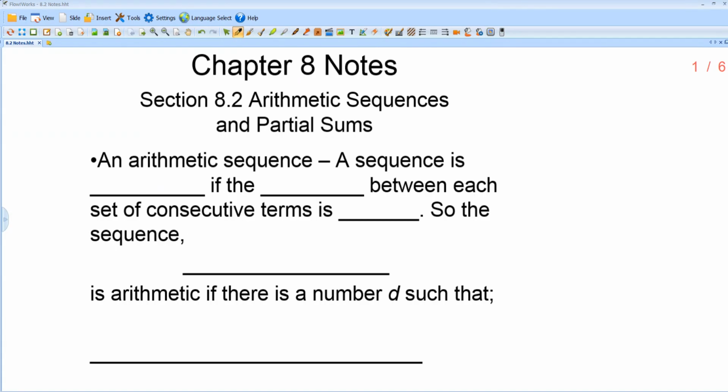So first, by definition, an arithmetic sequence. A sequence is considered arithmetic if the difference between each set of consecutive terms is constant.